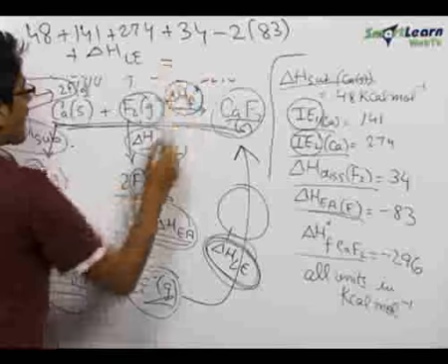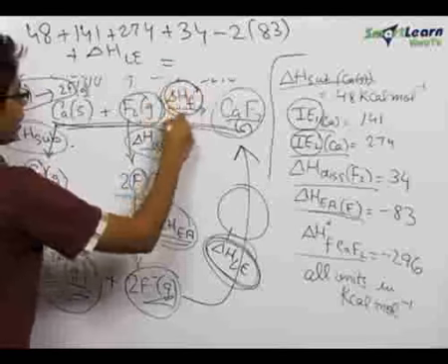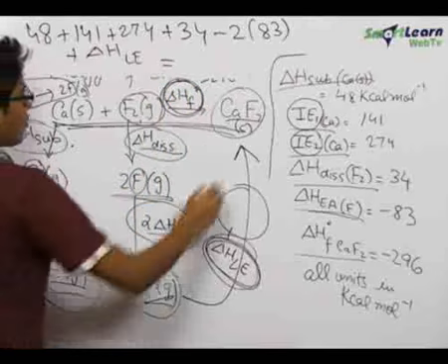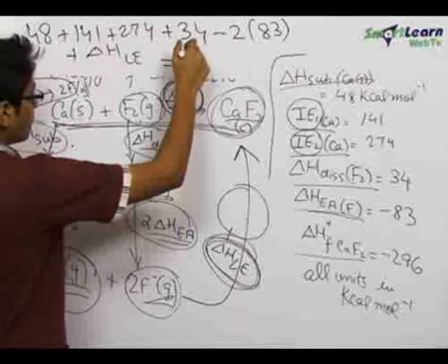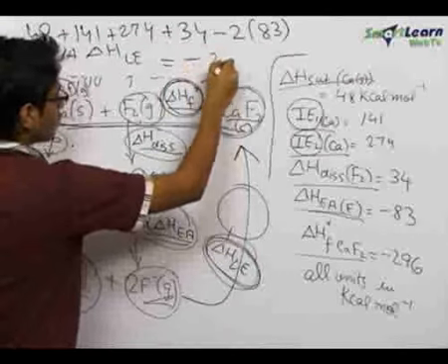This entire thing is equal to the heat of formation, or the enthalpy of formation, of calcium fluoride, which is equal to minus 296.